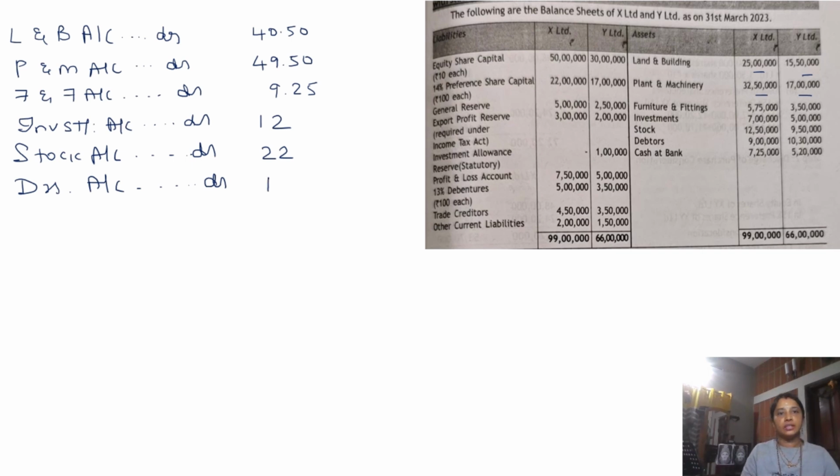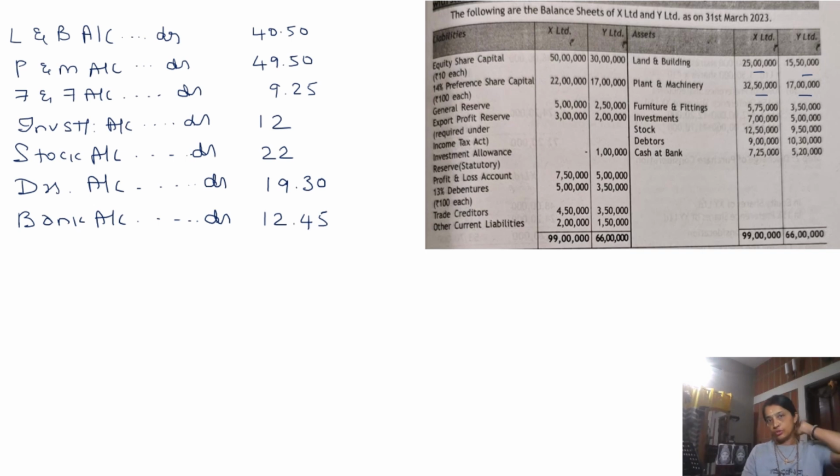Total is 19 lakhs 30,000. Then cash at bank, that is bank account. Debit. X is 7 lakh 25,000. Y is 5 lakh 20,000. Total comes up to 12 lakhs 45,000.